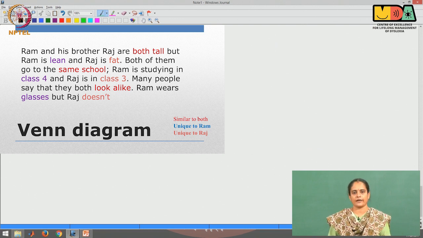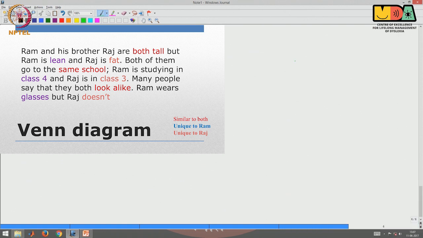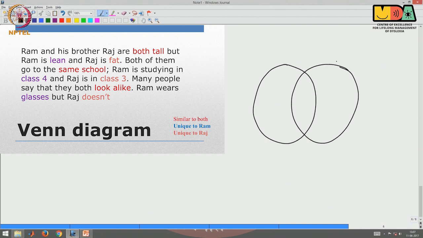For your reference, we have used colors to identify each and every property separately. Now, let us see how we can translate this para into a Venn diagram. So, I am going to draw two circles. So, one circle I mark it as Ram and the other circle I mark it as Raj.